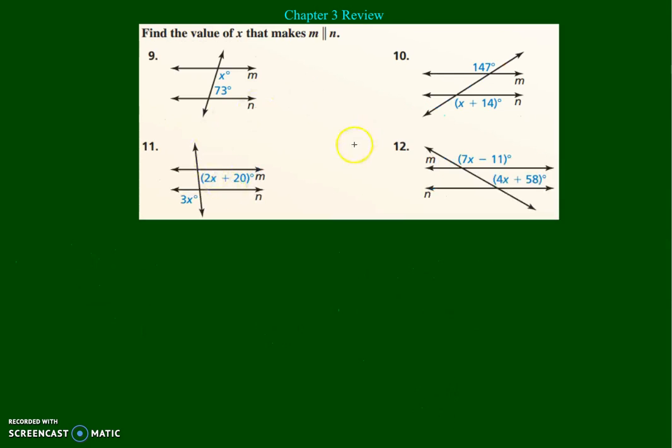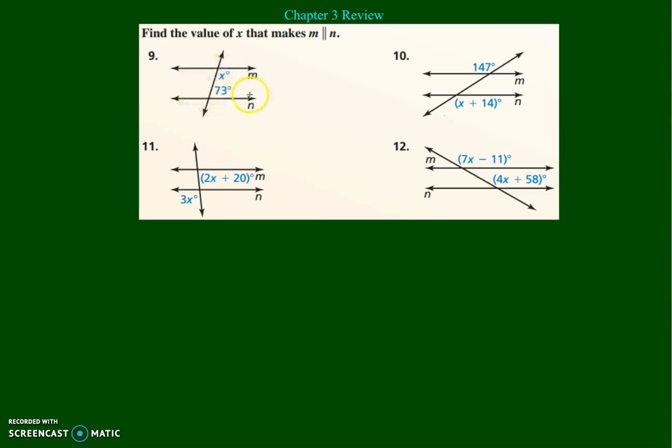In this set of 4 problems, the instructions are find the value of x that makes m parallel to n. So in problem 9 here we have two consecutive interior angles, and the consecutive interior angles converse theorem says if two lines are cut by a transversal so that the consecutive interior angles are supplementary, then the lines are parallel.